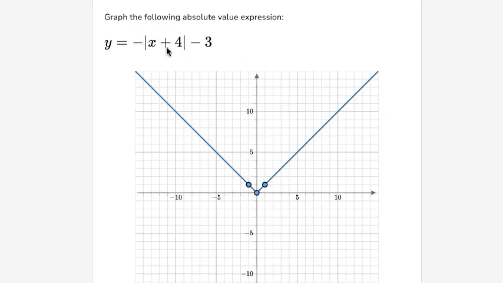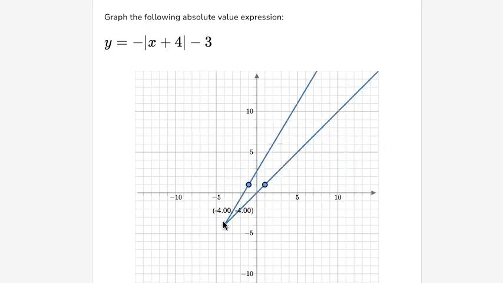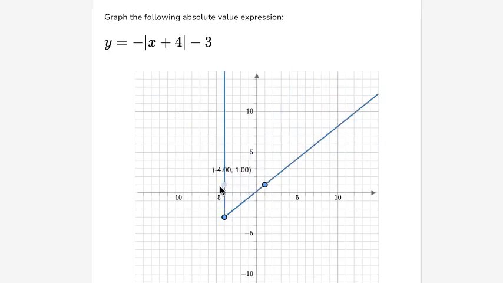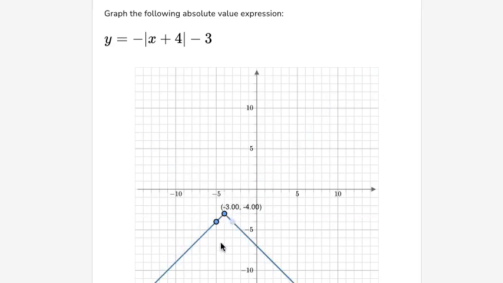So I'll start by moving my vertex left 4 and down 3. And then make my V. And then, to account for the negative sign in front, we need to reflect the graph upside down. So there's my graph of y equals the opposite of the absolute value of x plus 4 minus 3.